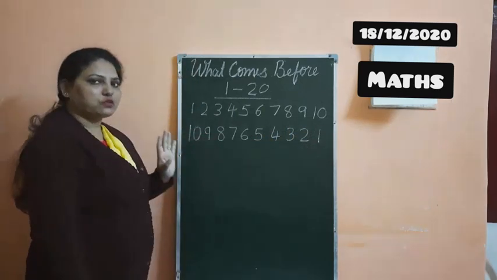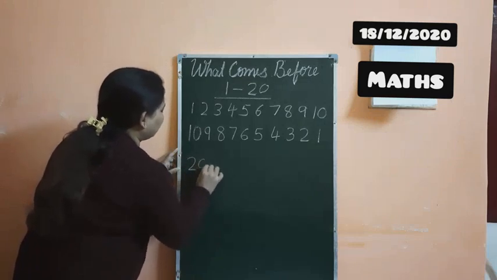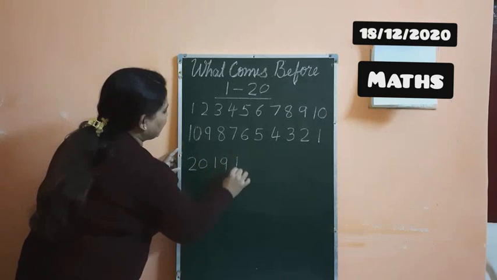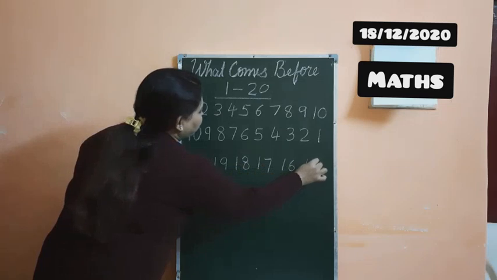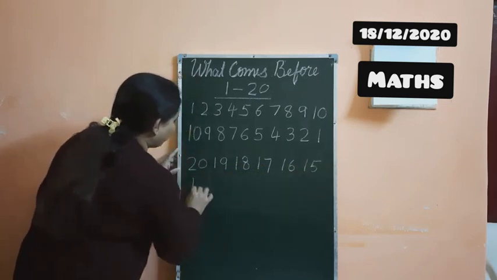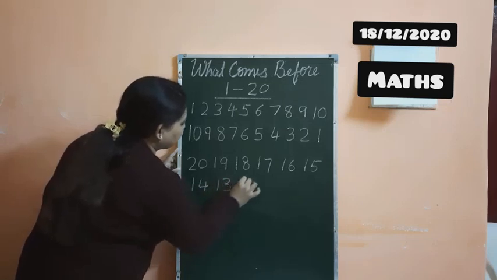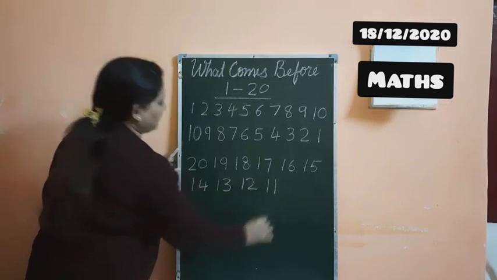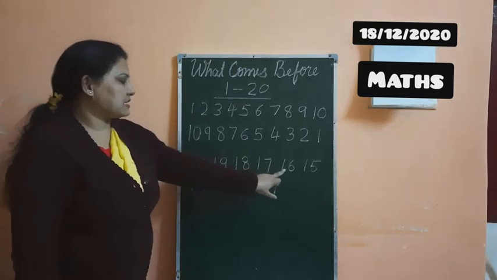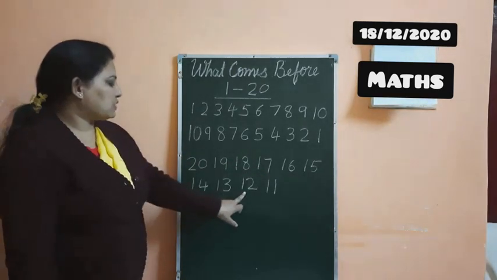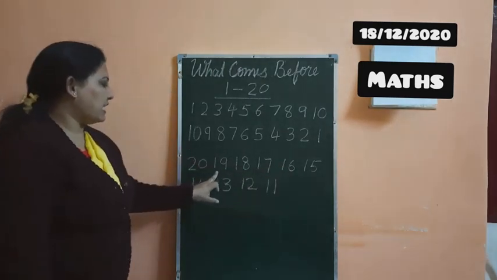Like that 11 to 20 also. When we write 20, 19, 18, 17, 16, 15, 14, 13, 12, 11. And 11, 12, 13, 14, 15, 16, 17, 18, 19, 20.